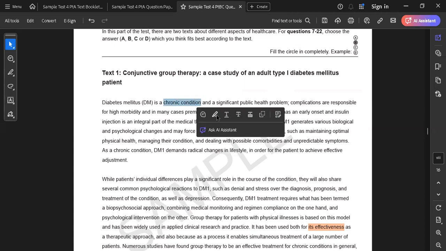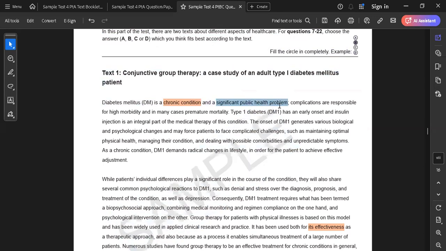You're highlighting again the question keywords, and a significant public health problem. Later I will give you the list of vocabulary also, like the word significant. You remember I told you there are some nouns, adjectives and adverbs that give you a signal that my answer is nearby. So they are talking about complications.